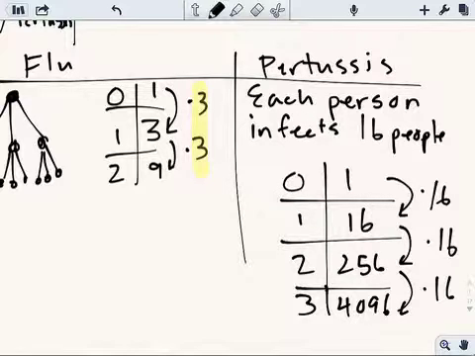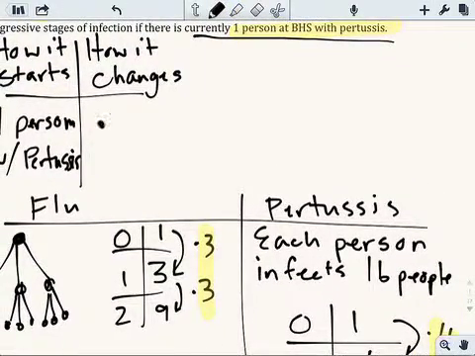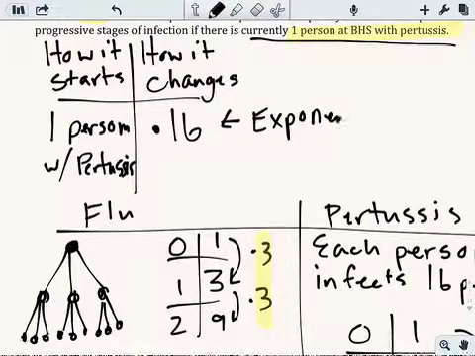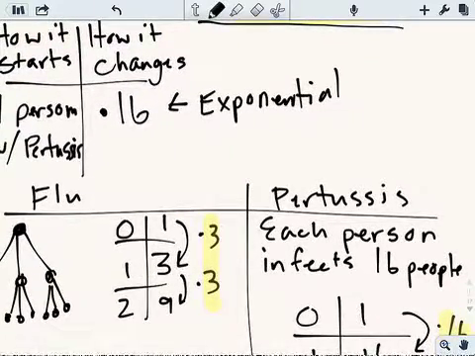And so each person infects 16 people tells us that it's changing by multiplying by 16. So I'm going to write that up here, times 16. And so when I see a multiplication pattern, I should think, well, that's exponential. And when you think about exponential expressions, you have to think again about, I'm going to do a different color so it kind of stands out here.